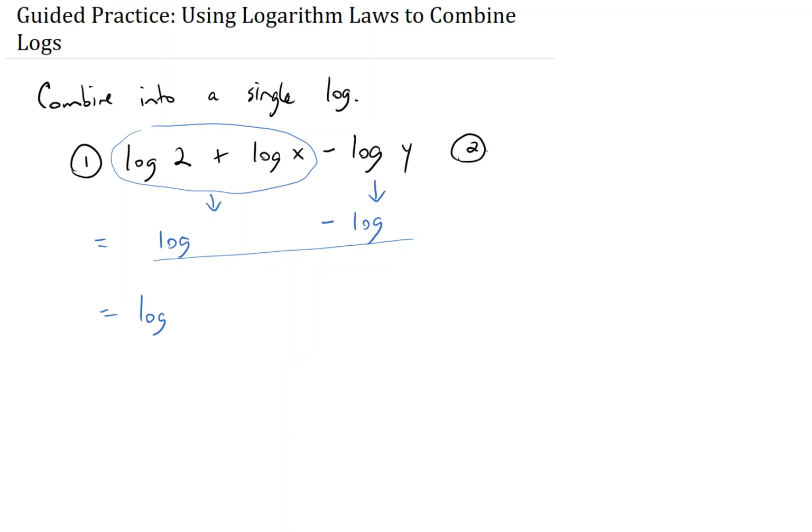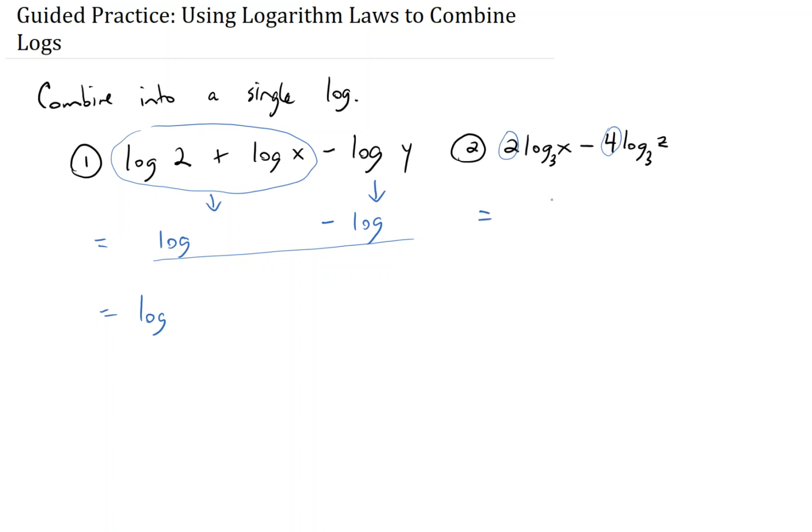Problem 2 is going to be 2 times log base 3 of x minus 4 times log base 3 of z. Now these have coefficients, your 2 and your 4. So you're going to have to figure out how to change multiplication when you're combining logs.